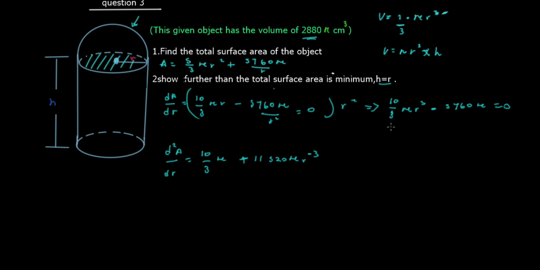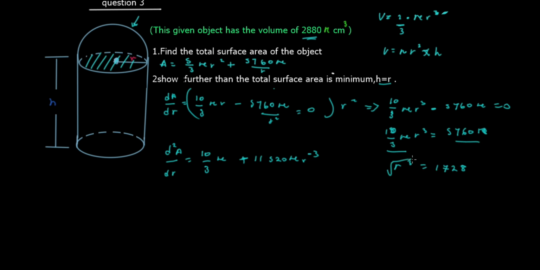You can take this to the other side, so it should be 10 over 3 pi r cubed equals 5760 pi. Divide everything by 10/3 pi.